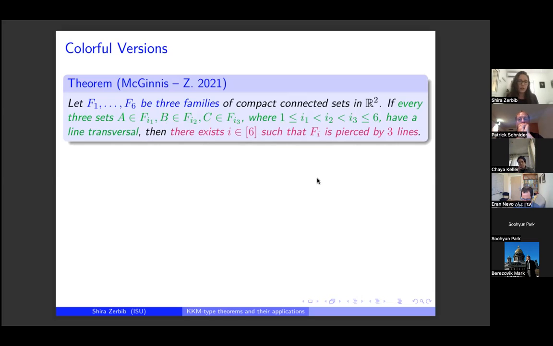And this is a generalization of the previous theorem, because if you take all the families F1 to F6 to be the same family F, then you get back the previous theorem.